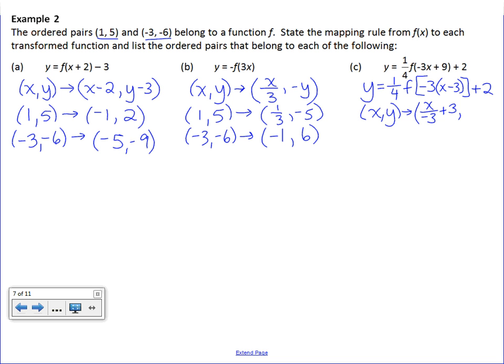For y, you're going to do a quarter y plus 2. If you write y over 4, it's correct, but you might just want to stick with ay plus c. Either way is fine.